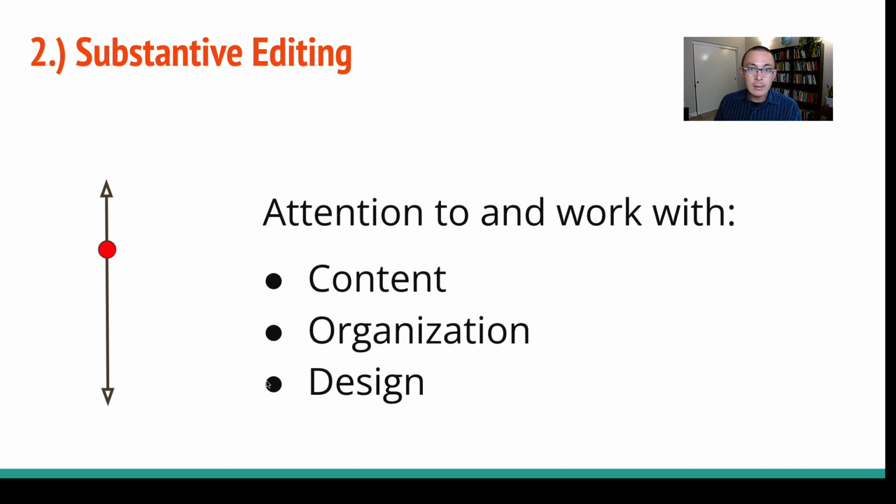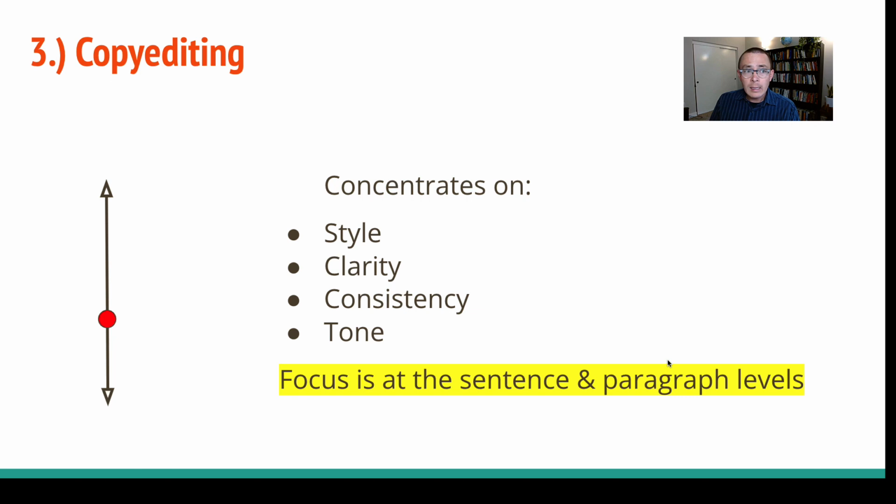Substantive editing is a little bit different. Here you might be moving around in terms of the organization, the way the document looks. These are a little bit more focused on aesthetics, but if you're working within paragraphs, they can also work on the content, so the words that you're saying as well. These second or last 2 levels are the ones that I think students most commonly associate with the revision process.